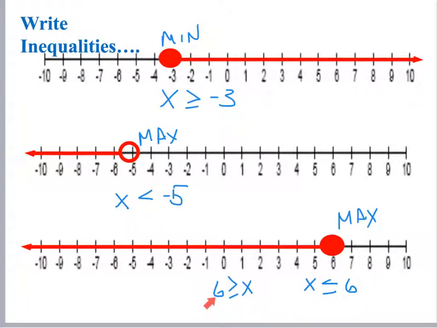The number came first, whereas it was second here, and the variable is on the opposite side, and the symbols are also opposite. When graphed, they come out the same exact thing. It's just that some people see inequalities this way better, and some people see them the other way. Both of them are correct. They both graph the same solution set.